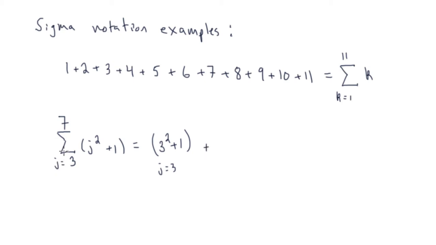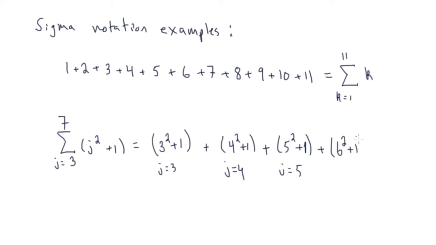And then I go to the j equals 4 term. That's going to be 4 squared plus 1. So this is j equals 4. And then I just keep going. 5 squared plus 1. This is the j equals 5 term. 6 squared plus 1.